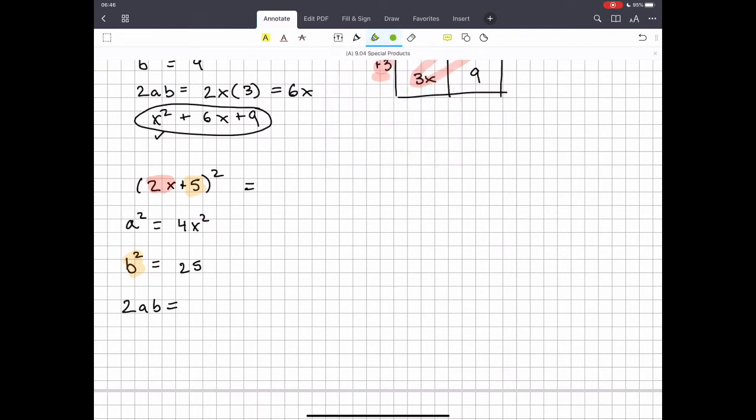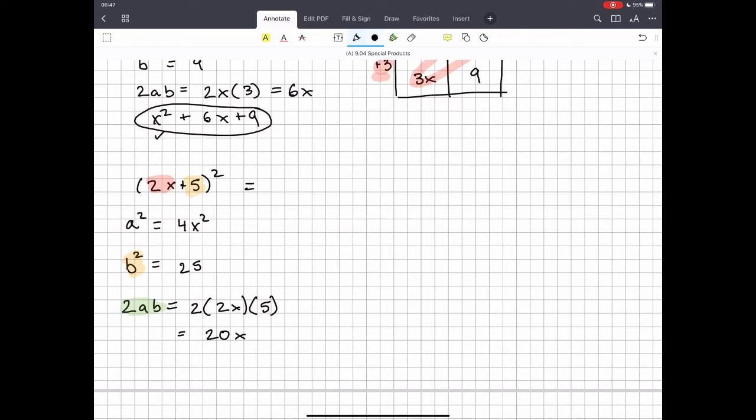For the middle term of 2 times ab, we're going to take the 2, multiply it by our a, which is 2x, and multiply that by b, which is 5. And when we simplify this out, we get 2 times 2x is 4x, 4x times 5 is 20x.